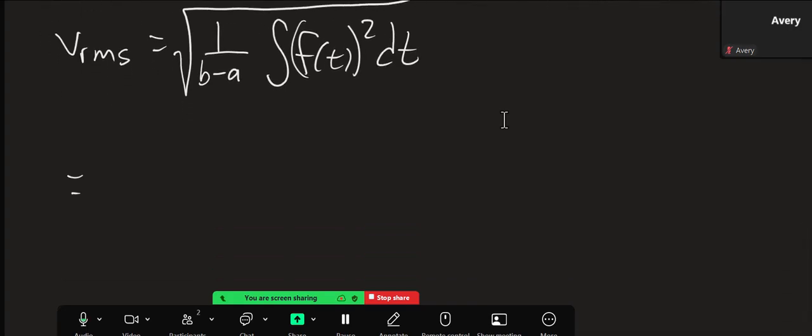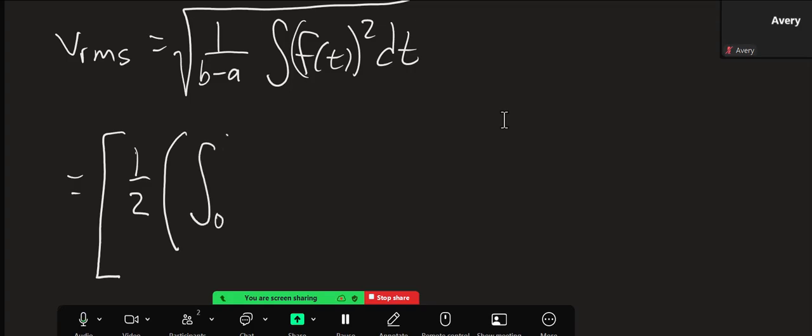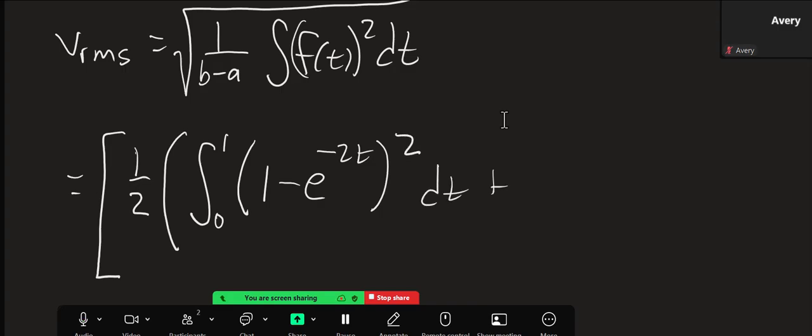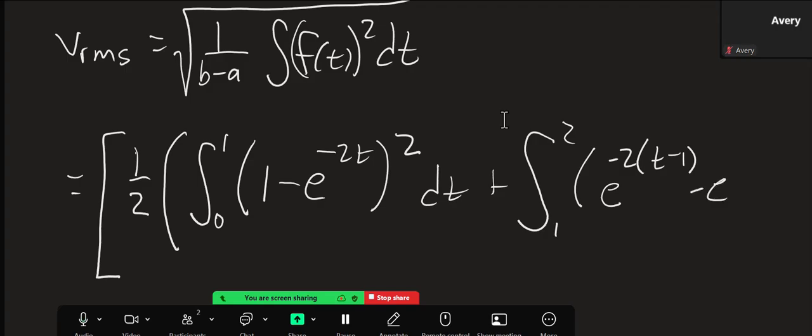So the whole thing would be the square root, and then it'd be 1/2 times the integral from 0 to 1 of 1 minus e to the negative 2t squared dt plus the integral from 1 to 2 of e to the minus 2t minus 1 minus e to the negative 2 squared dt.